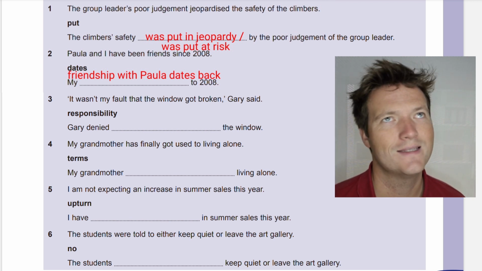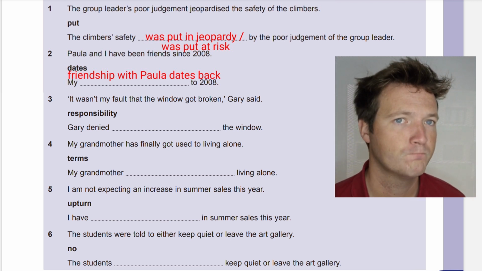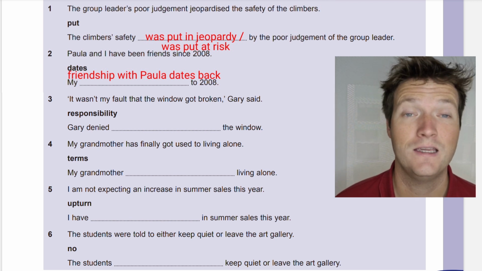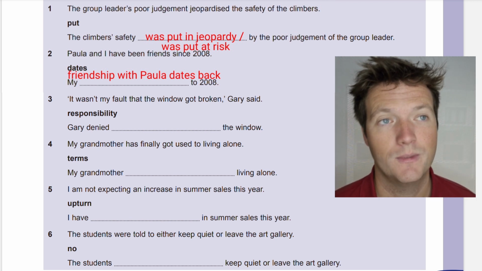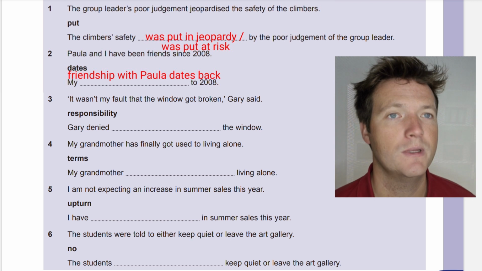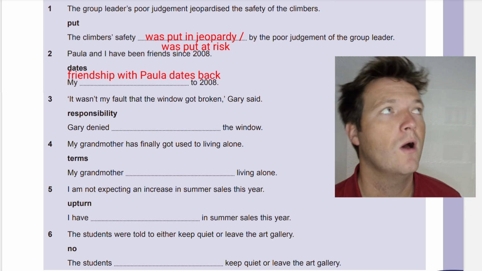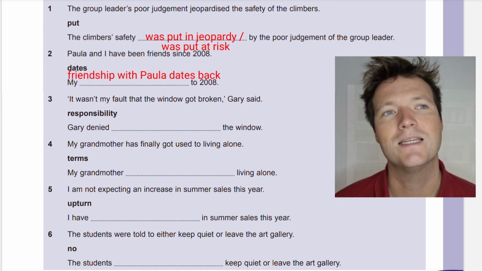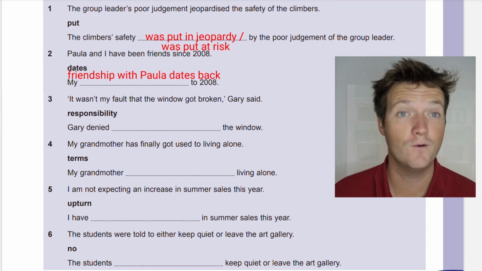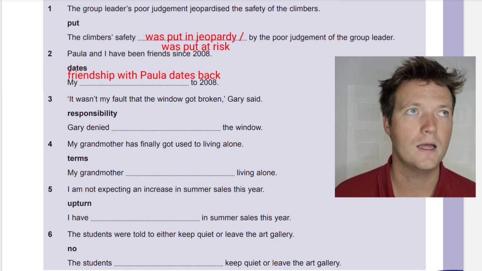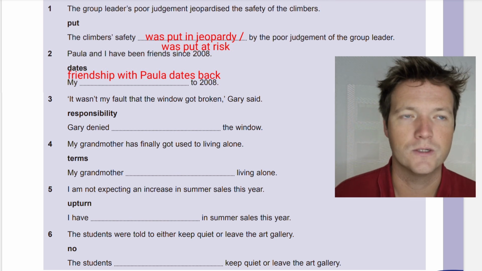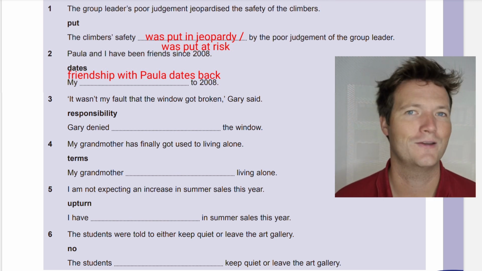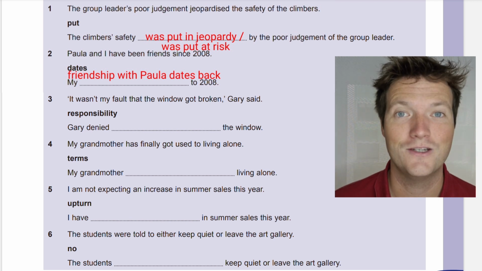So I suppose he didn't take responsibility. Another way of saying that is that he denied responsibility. Gary denied responsibility. You are responsible or not for something. So he denied responsibility for, and then if it's an action, but it's also a thing, so we put the verb in ing form, right?